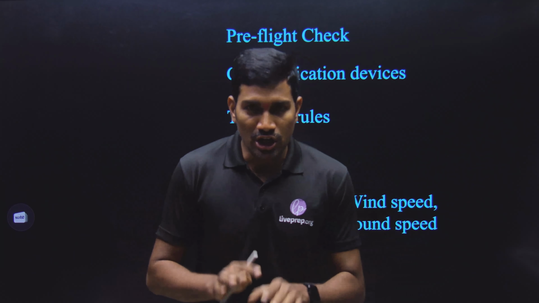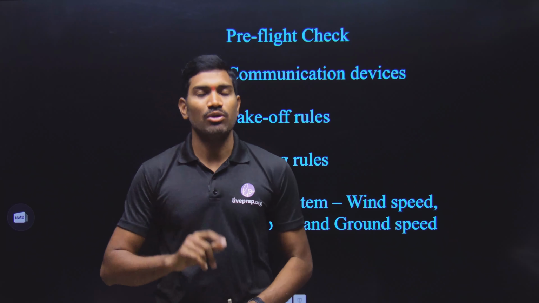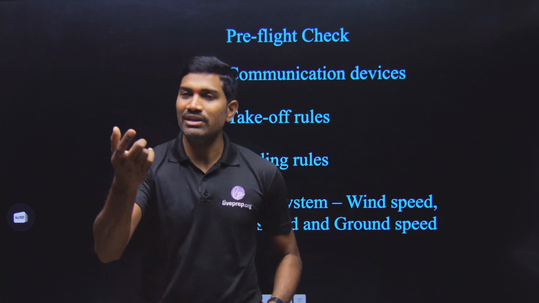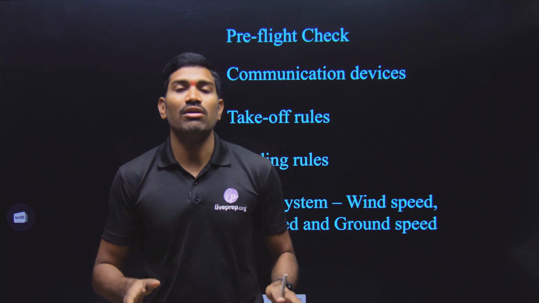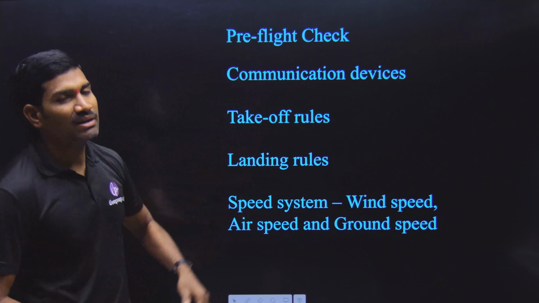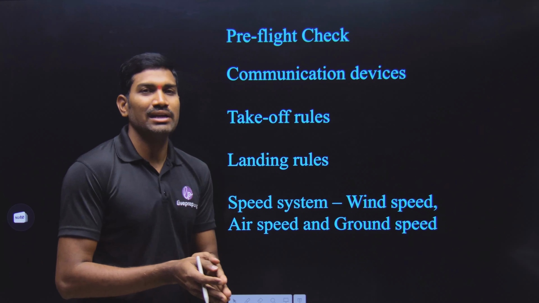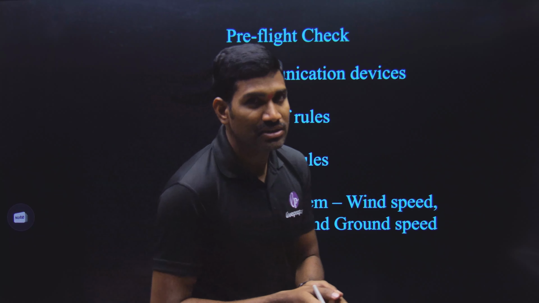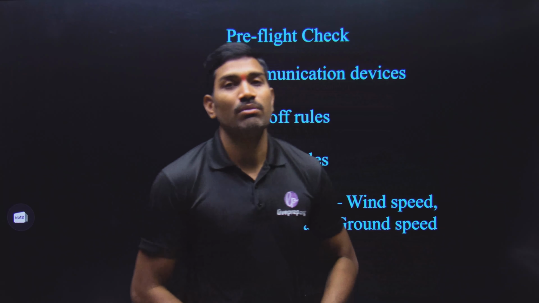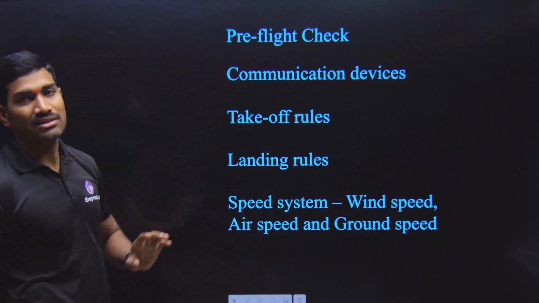Also, is your runway clear or not? Is the visibility proper or not? Is the wind direction proper or not? These are things that come under the pre-flight check. Before you fly, you need to check some things properly. If there are any mistakes in this, there may be a problem for you.